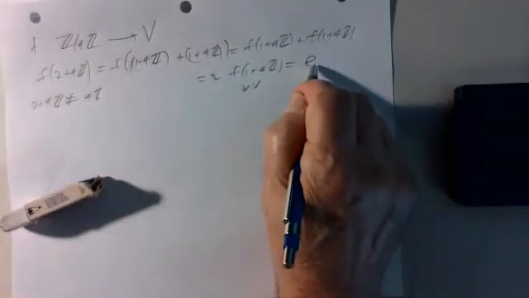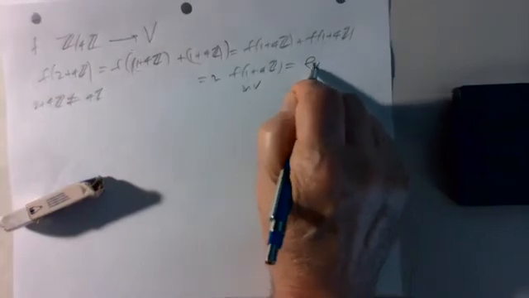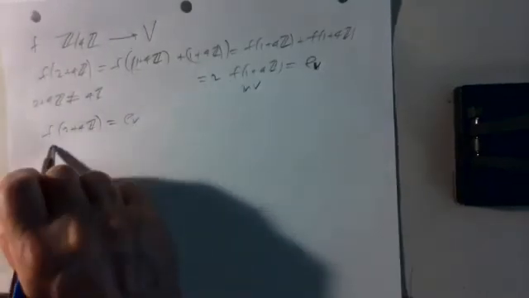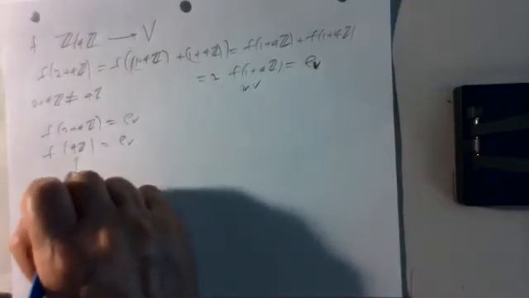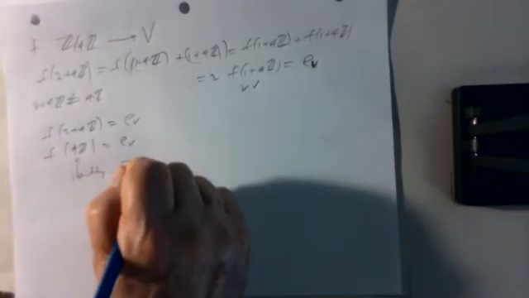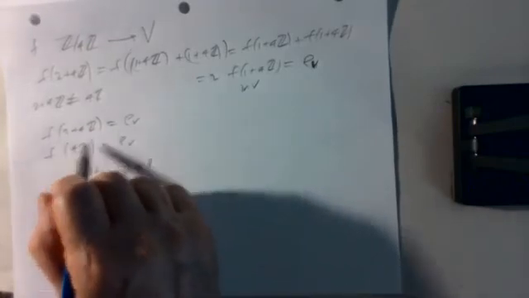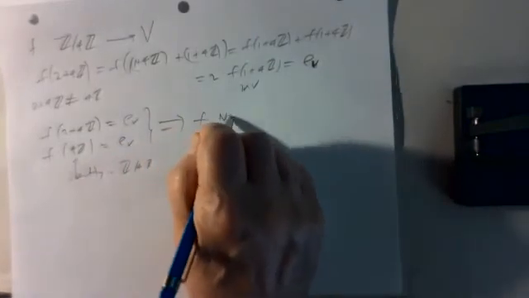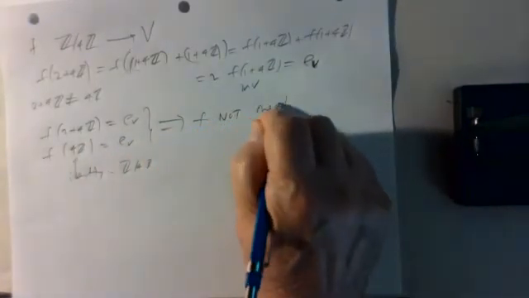This is the identity over in V. So f of 2 plus 4Z is the identity in V. But f of 4Z is also the identity in V, because this is the identity in Z mod 4Z. So I have two different elements that get mapped to the same thing. So therefore, f is not 1-to-1.